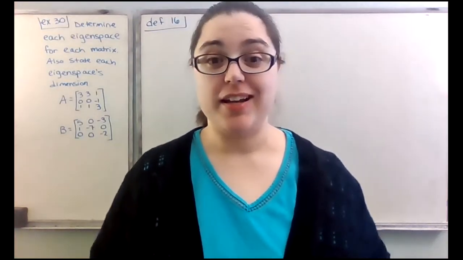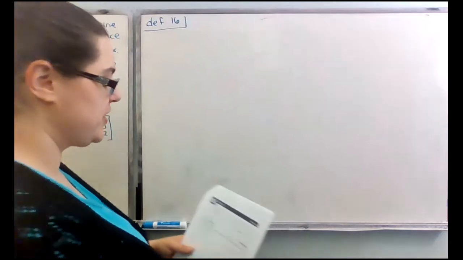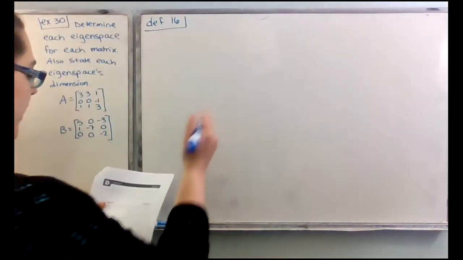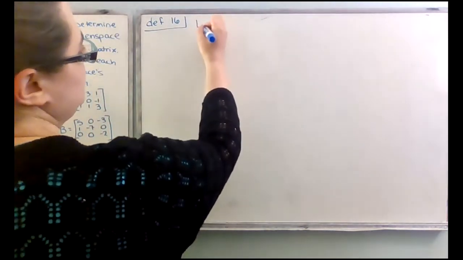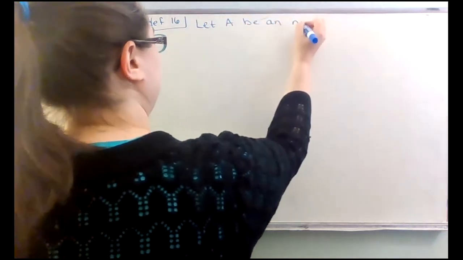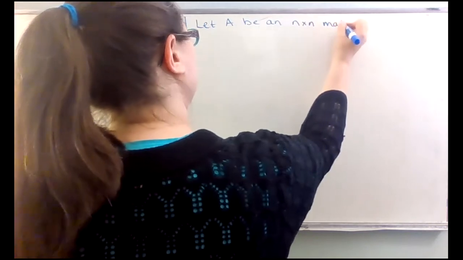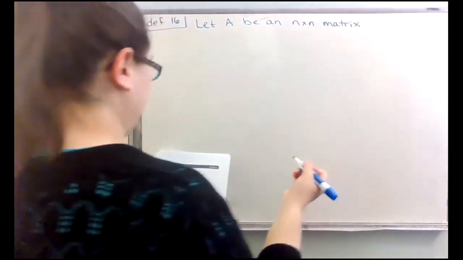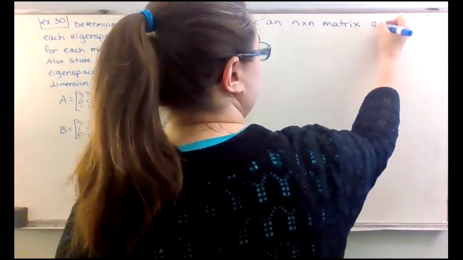Alrighty, so let's define eigenspace. This is definition 16, and we're going to let A be an n by n matrix, and let lambda be a real number.